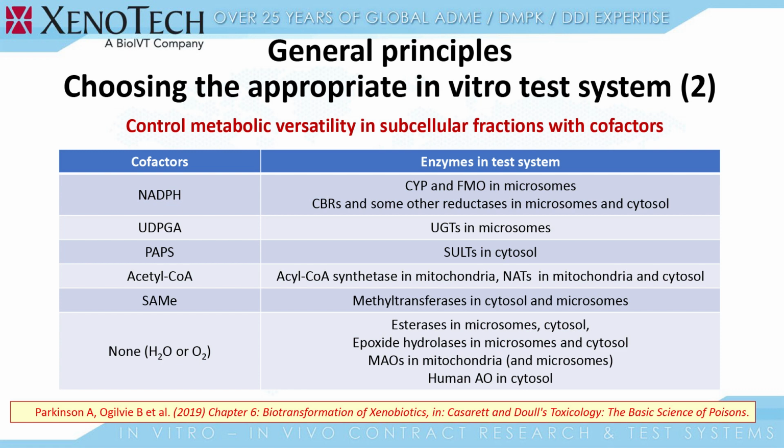Acetyl-CoA is the cofactor required for acetyl-CoA synthetase in microsomes, and also for NAT enzymes in mitochondria and cytosol. SAMe is the required cofactor for methyltransferases in cytosol and microsomes.